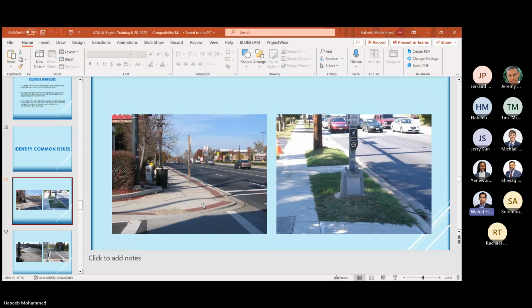I think it's 18 inches, if I remember correctly. The wheelchair person should be able to extend his arm and reach it, right? This one is far and he won't be able to reach it. I believe it's 18 inches. Okay. All right, let's move on to the next slide.